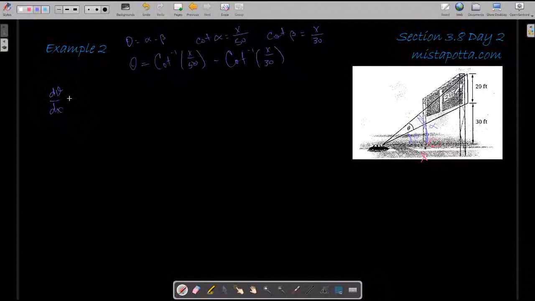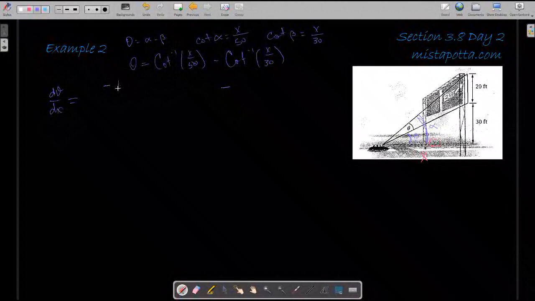And because cotangent is a cofunction, I know that its derivatives are going to be negative. But it's going to be the same derivative in value as the tan inverse.